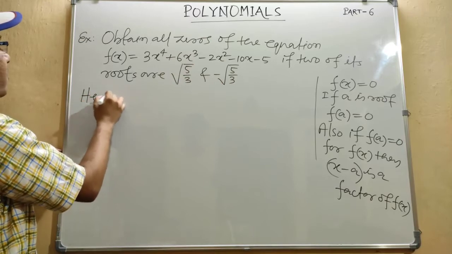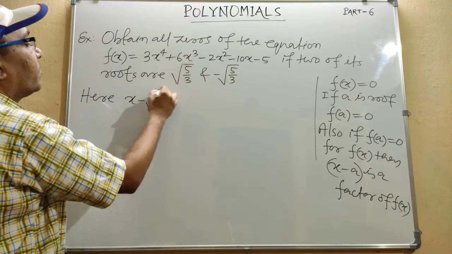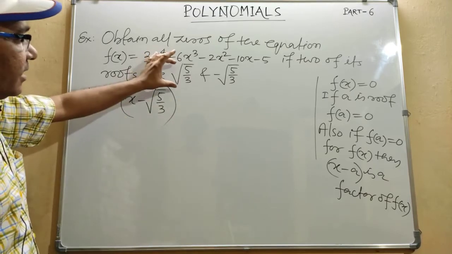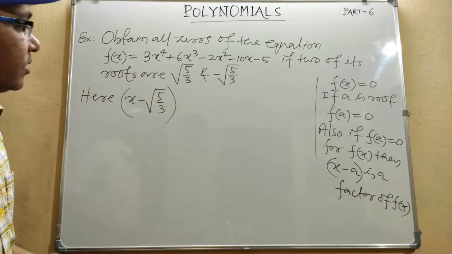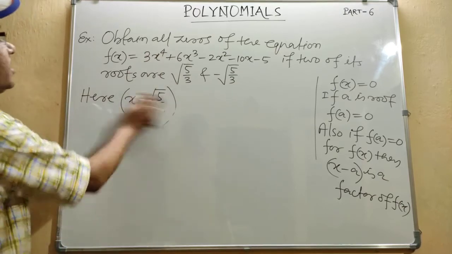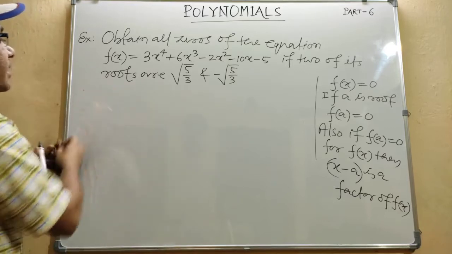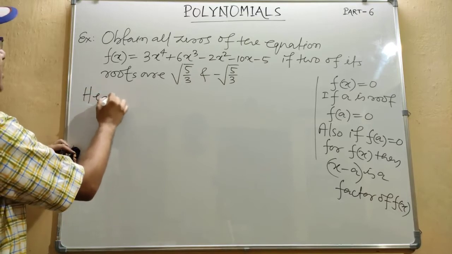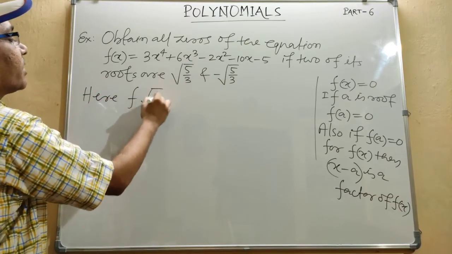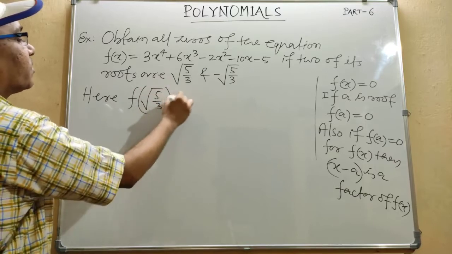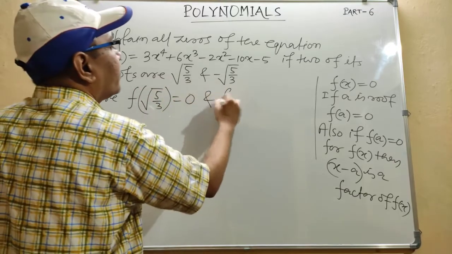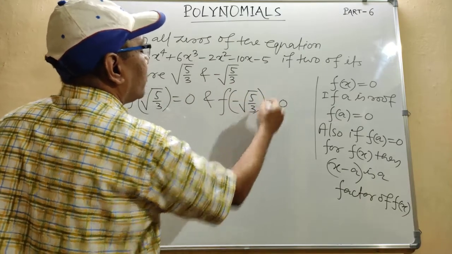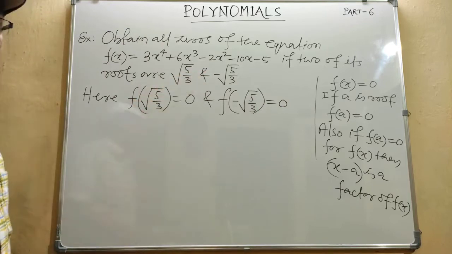So here, x − √(5/3) will be a factor. One thing more you can write: this is a root, this is also a root. If in place of x you write √(5/3), it will give value 0, and if you write −√(5/3) in place of x, its value will also be 0, because it is given these two are roots.